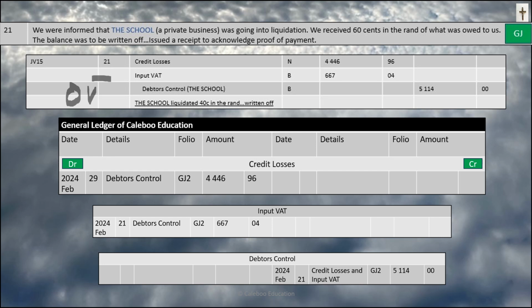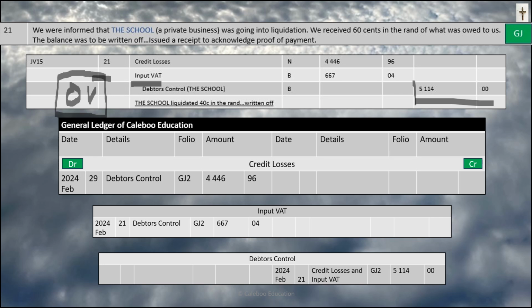But now we are not going to go and pay money to the revenue services, especially if we're not going to receive a big amount that was owed to us. And in order to reverse that output VAT that we recorded on the original transactions, the original sales, we need to debit input VAT to reverse the output VAT to the amount of the loss that we're going to incur.